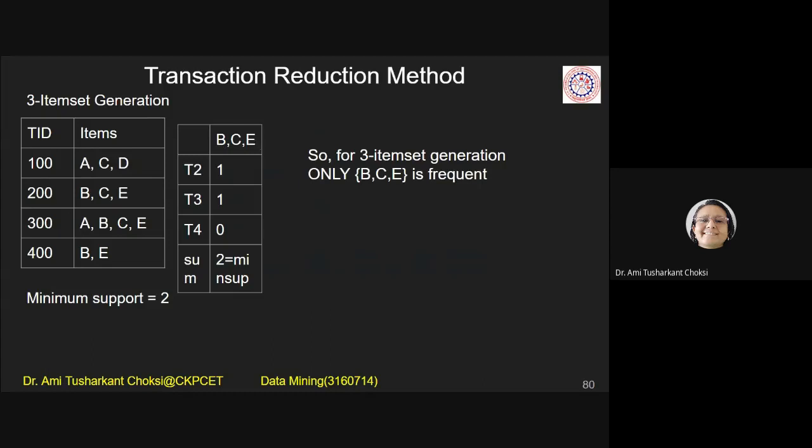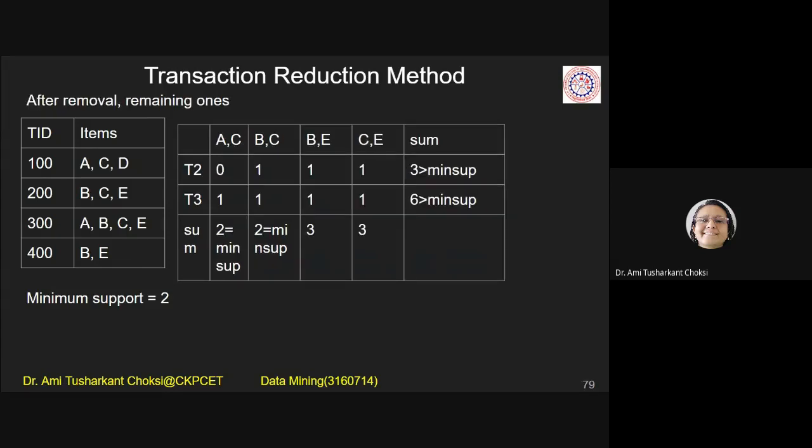Why B, C, E? Here we are having A, C, D. Shouldn't we consider that? Do we have a T1 transaction here? No, it is not there.